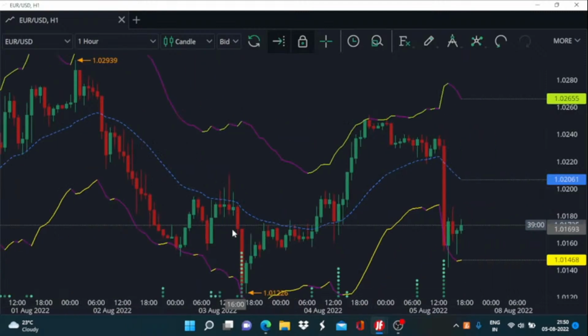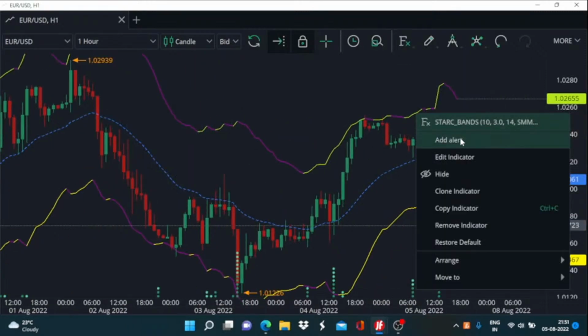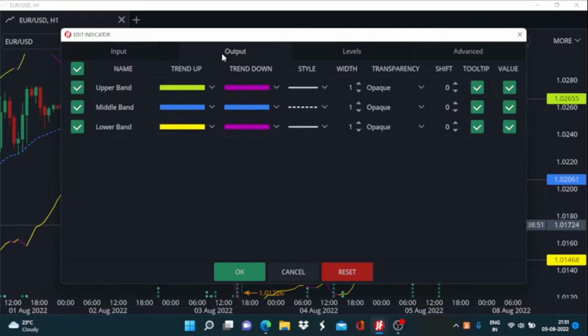All right, so this is now looking quite easy to see whether the bands are in the contraction phase or in the expansion phase. The styling combination can also be varied. We can go for different types of weight, and transparency options.